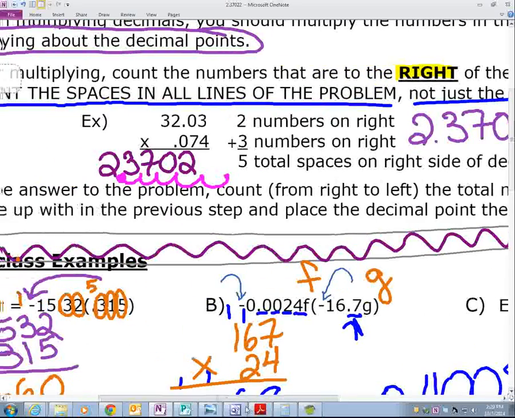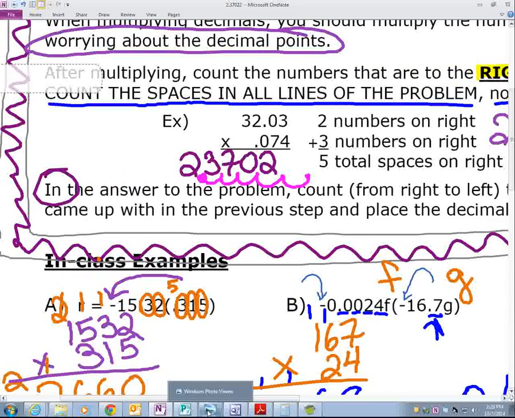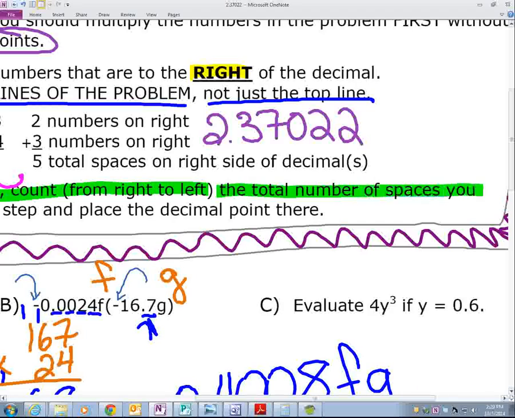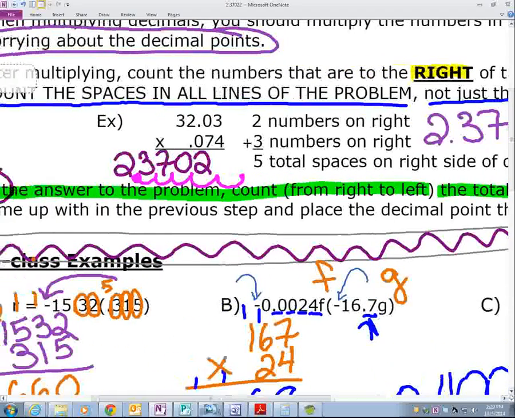Then, in the answer to the problem, count from right to left the total number of spaces you have, and end up with the decimal point in that spot. So the reason we've counted those is because of however many numbers are to the right of the decimal point in the original numbers, that's how many decimal places we need to jump back. Okay? Yes.